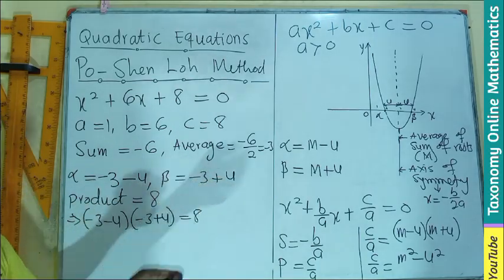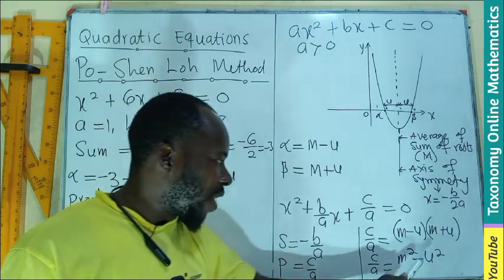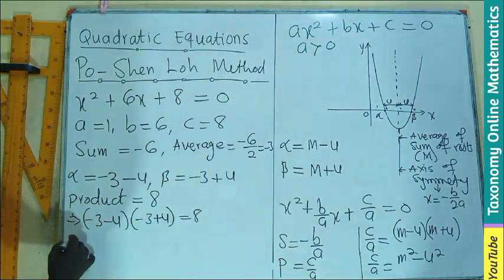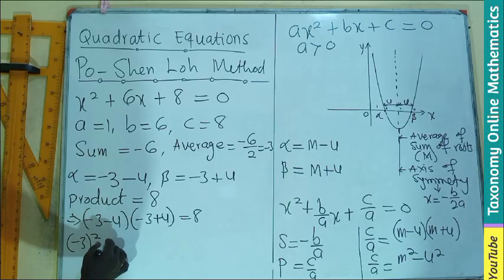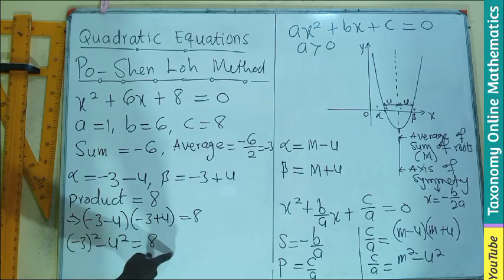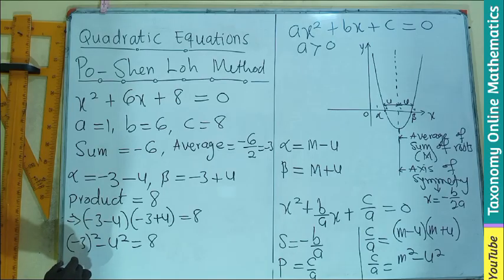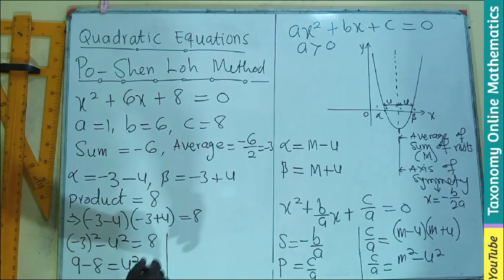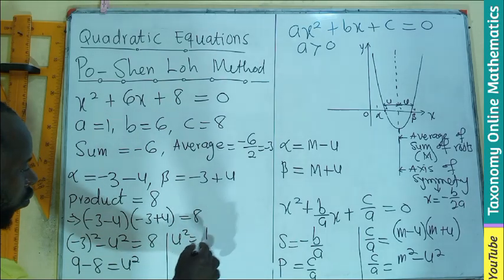Product of the root is just by multiplying them so that we can find u easily. So I'm going straight forward to minus 3 all square minus u square equals to 8. This must go there. This must come here. So as you have 9 minus 8 equals to u square. And that will give me u square equals 1.